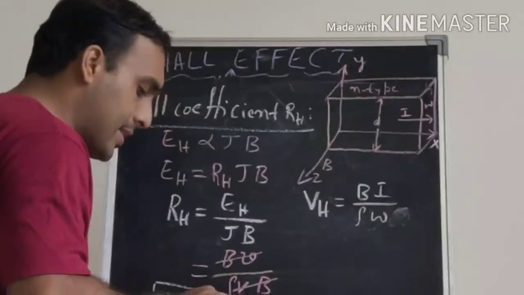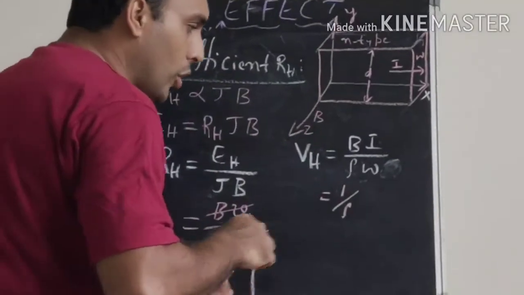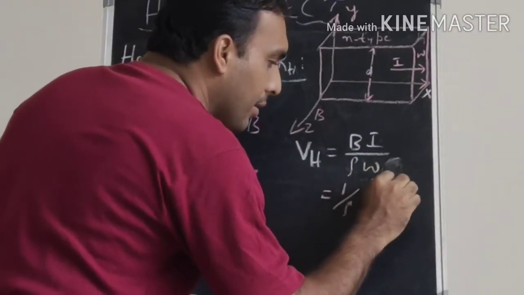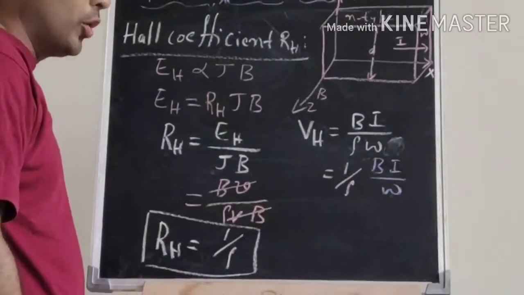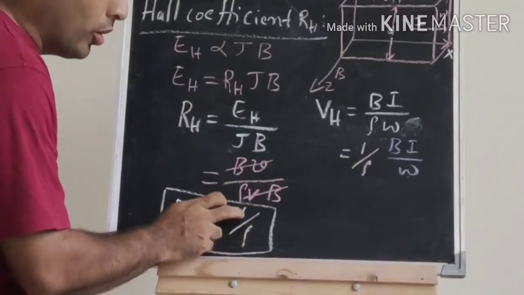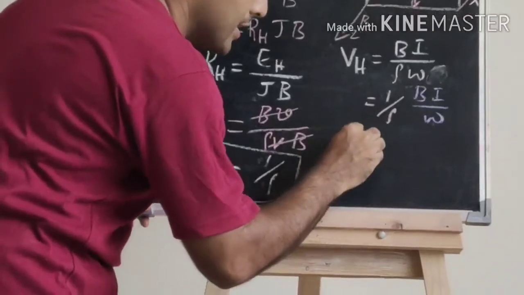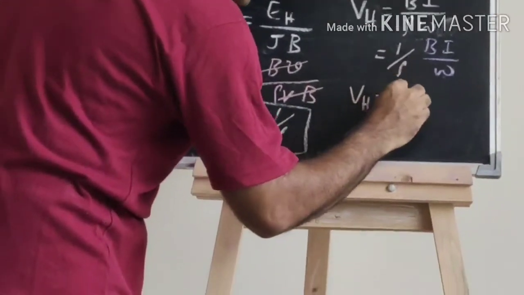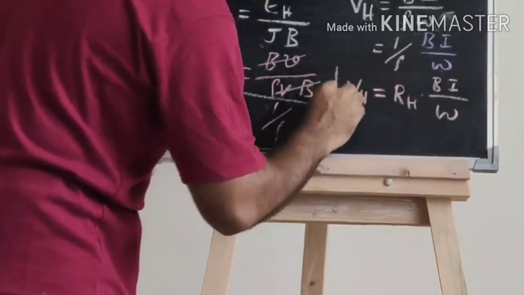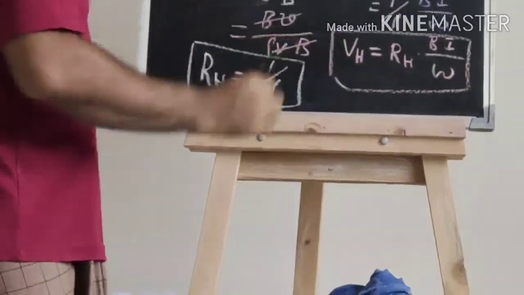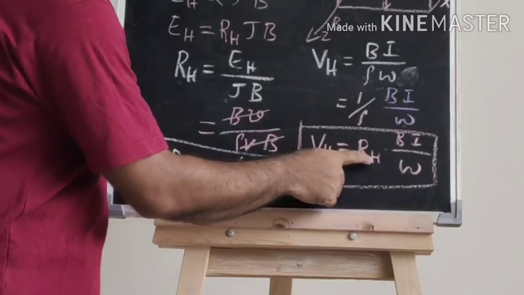This can be written as 1 by rho into BI by W, which is equal to VH. But what is 1 by rho? 1 by rho is equal to RH. Therefore, we can write VH is equal to RH into BI divided by W. This is the expression for Hall voltage in terms of Hall coefficient.